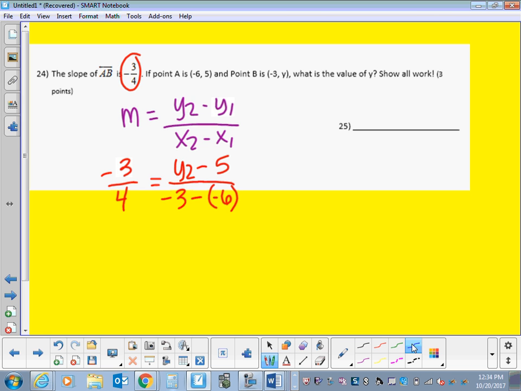It makes it easy. So we have -3 times -3 plus 6. If I put +6, you guys understand why I put +6? Okay, this becomes a plus. All right, and then equals 4 times y2 minus 5. All I did was just rewrite it. I cross multiplied and I rewrote it.